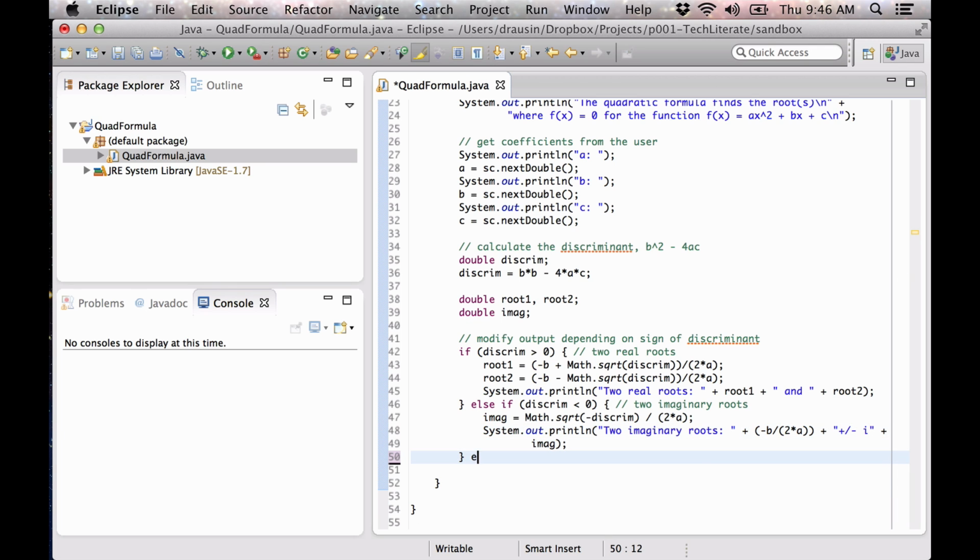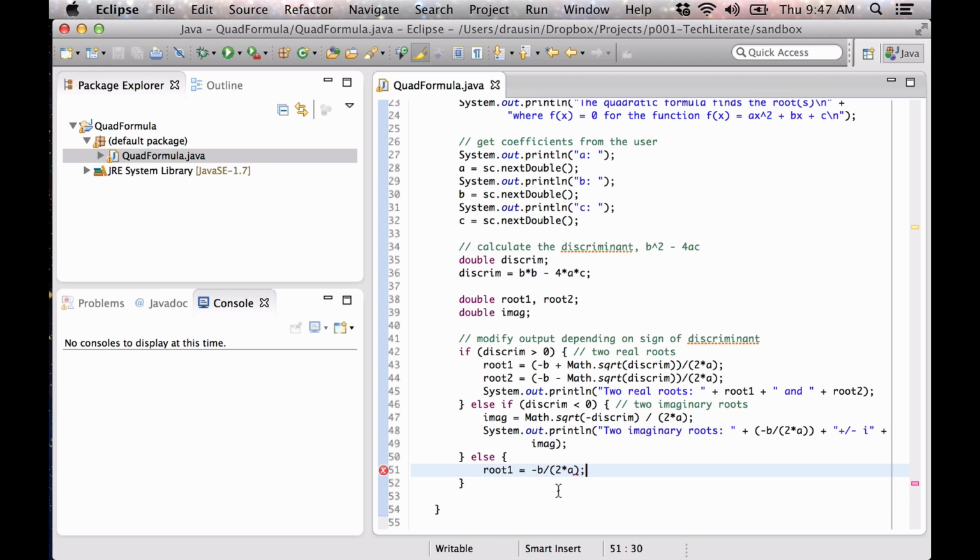Okay, so finally, the easy case, right? So if our discriminant is not greater than 0, it's not less than 0, then it has to be equal to 0. And so therefore, we just have one root. And so we're just going to say root 1 equals negative b divided by 2a.